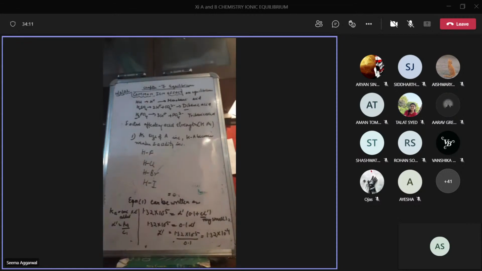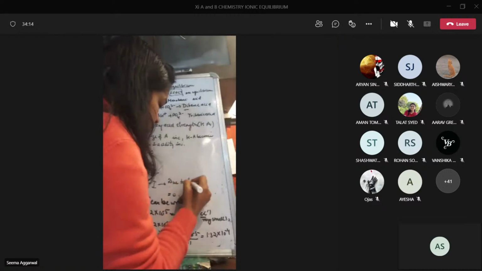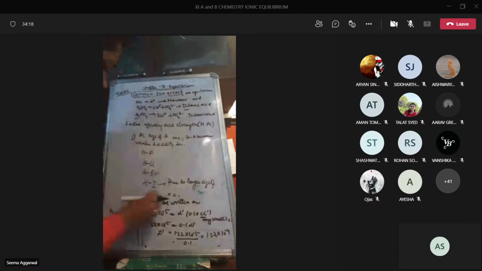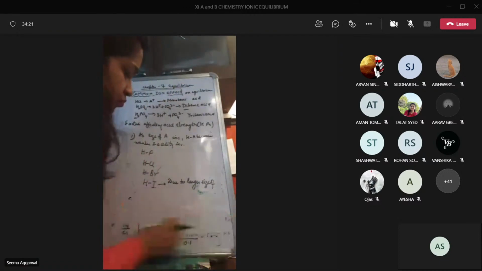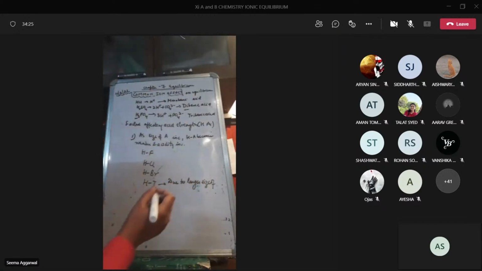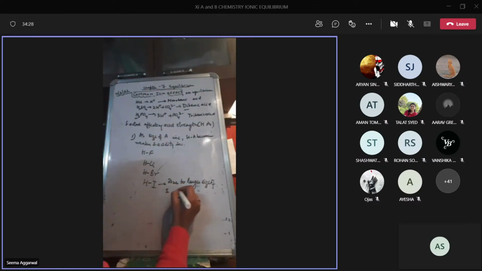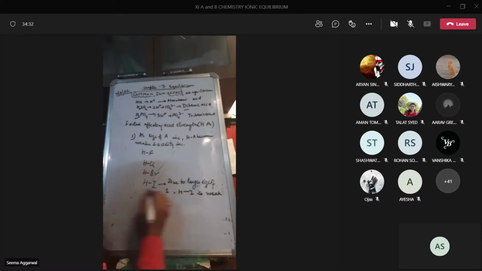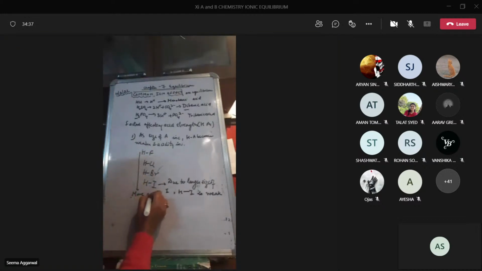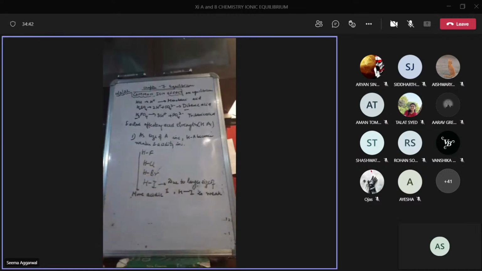Due to the larger size of iodine, the H–I bond is weak. So it means that it is more acidic. So HI is a stronger acid as compared to HBr. HF is the weakest acid.